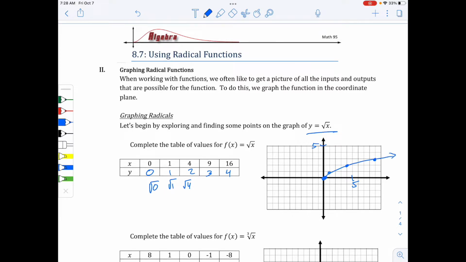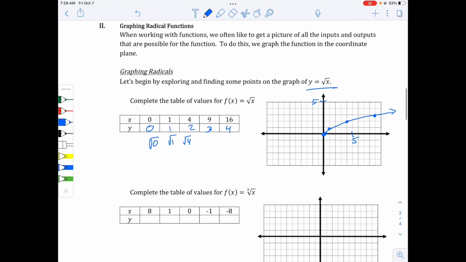Looks like this. Also notice we did not use any negative values because you can't put a negative number into a square root. All right? So that's what the graph of the square root of x looks like. It has a domain of all numbers from 0. The lowest x value is 0 to infinity.